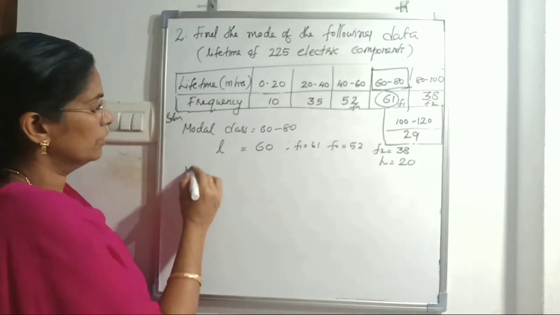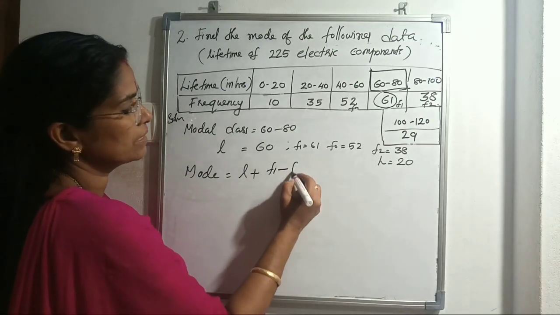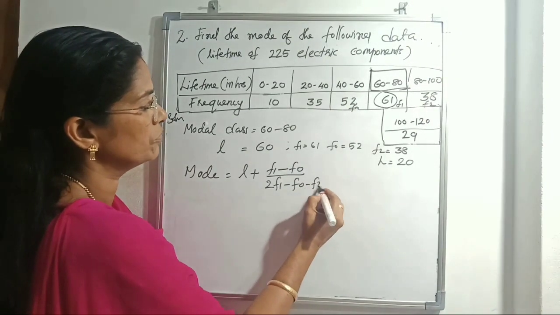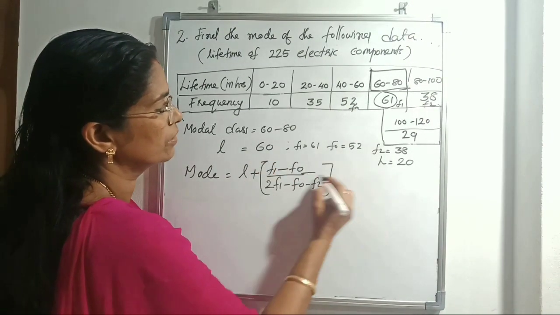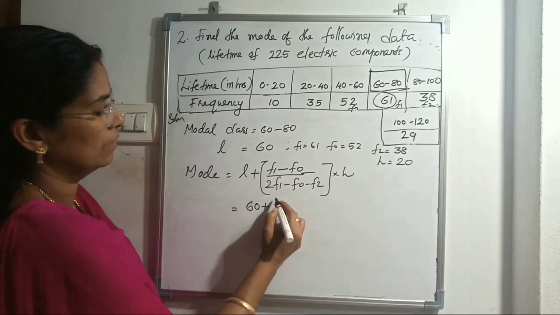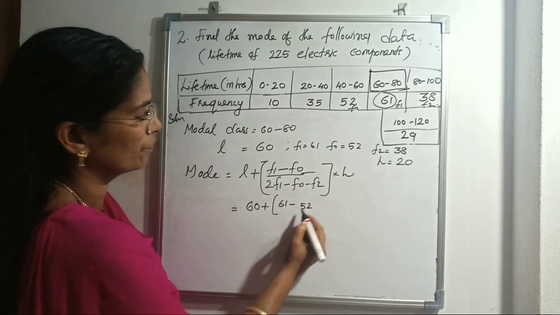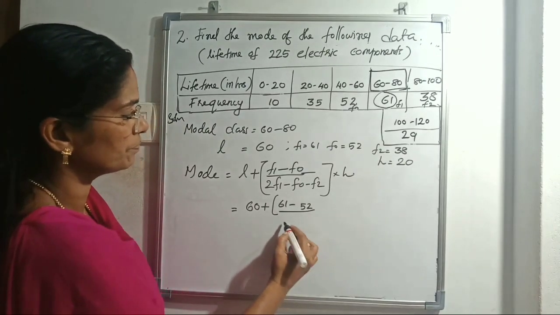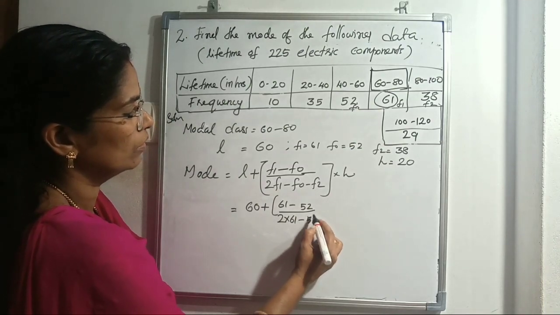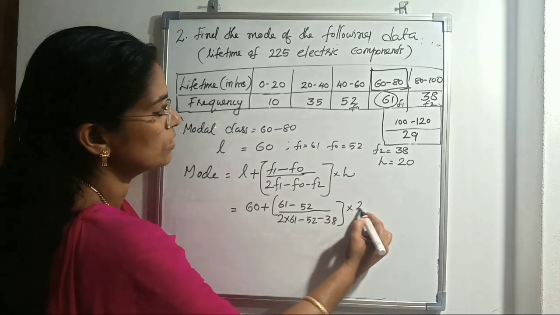Now we can apply the formula. Mode is equal to L plus (F1 minus F0) divided by (2F1 minus F0 minus F2), into H. Now substituting the values: 60 plus (61 minus 52) divided by (2 into 61 minus 52 minus 38), into H. H is 20.